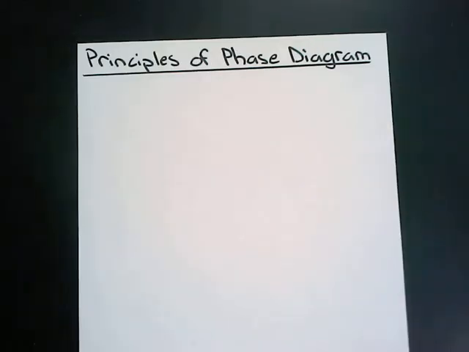So, phase diagrams. The first thing that we need to identify is this: phase diagrams are graphs of pressure versus temperature that show what phase a substance exists in under different conditions of temperature and pressure.